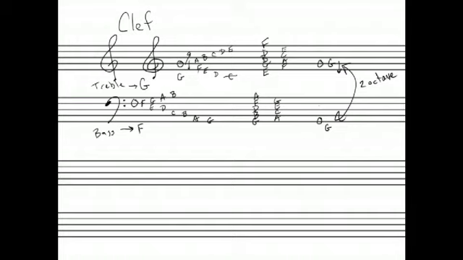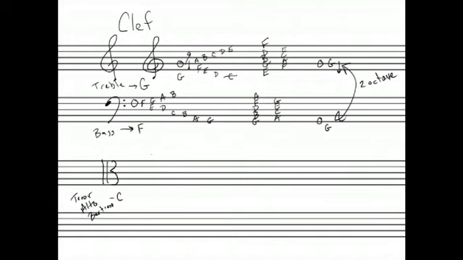The last clef we're going to talk about is our C clef. Okay? Our C clef. Now this has many names. It could be called tenor clef, it could be called alto clef, it could be called baritone clef, and the reason it's called different clefs is it doesn't only have to be on this middle line.